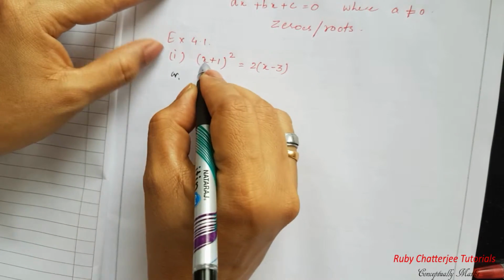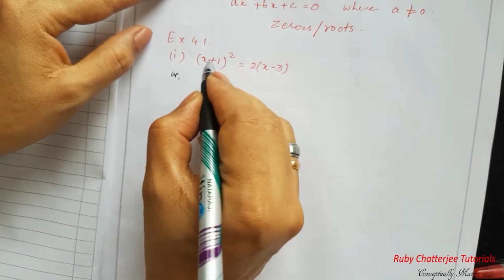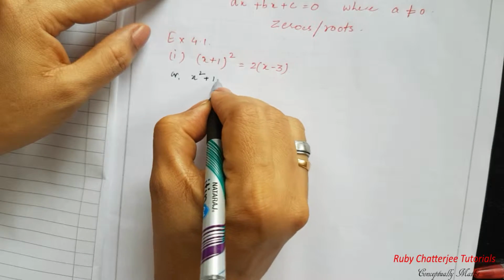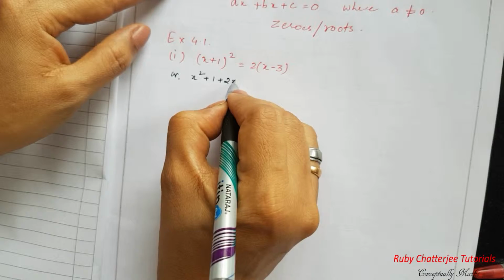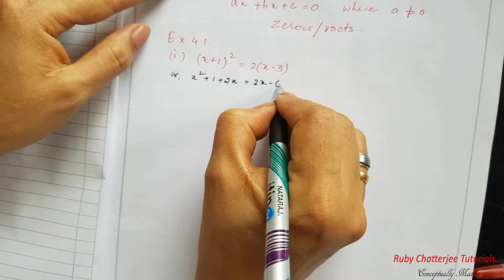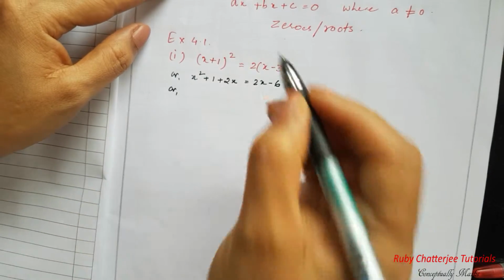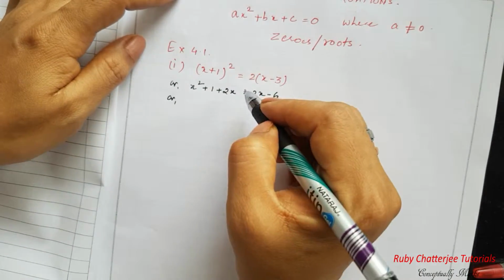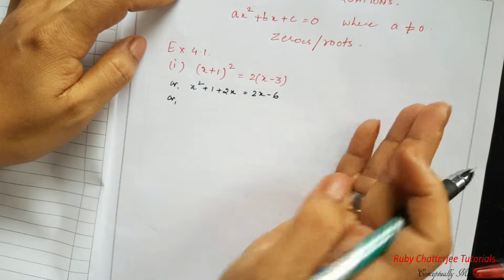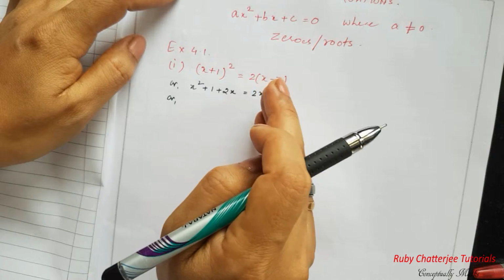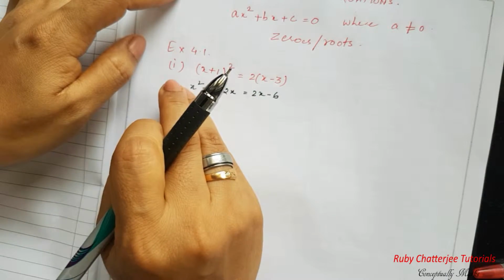This is a plus b whole square, so it is a square plus b square plus 2ab, equal to 2x minus 6. I am going to simplify it in such a way that I have only 0 on the RHS and take all the terms to the LHS.